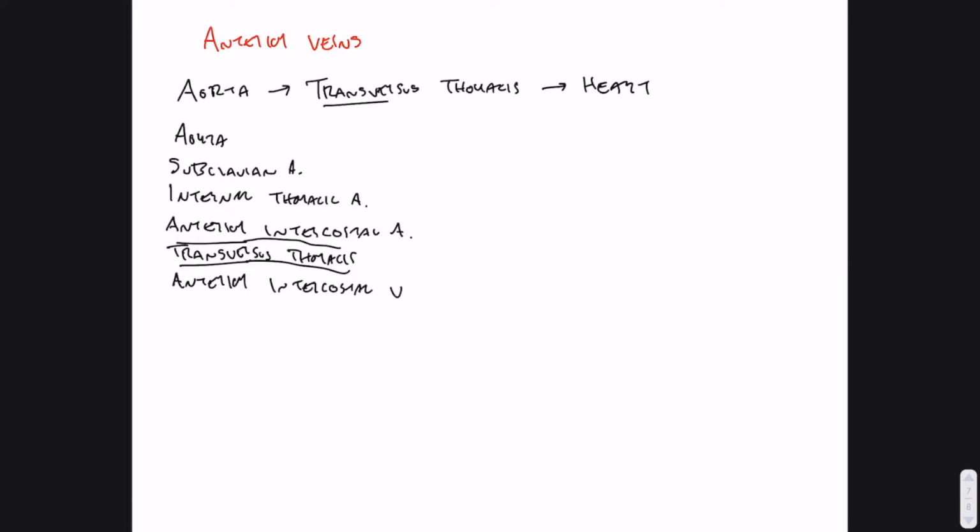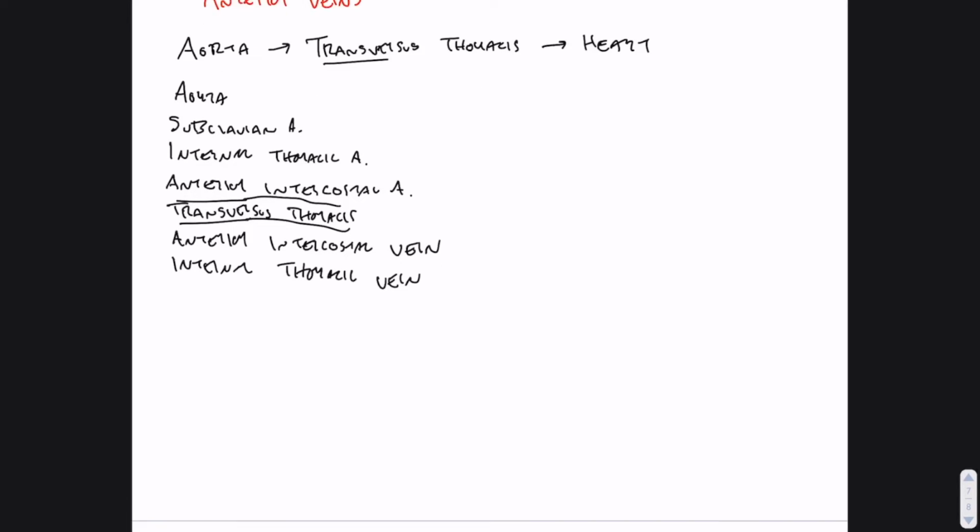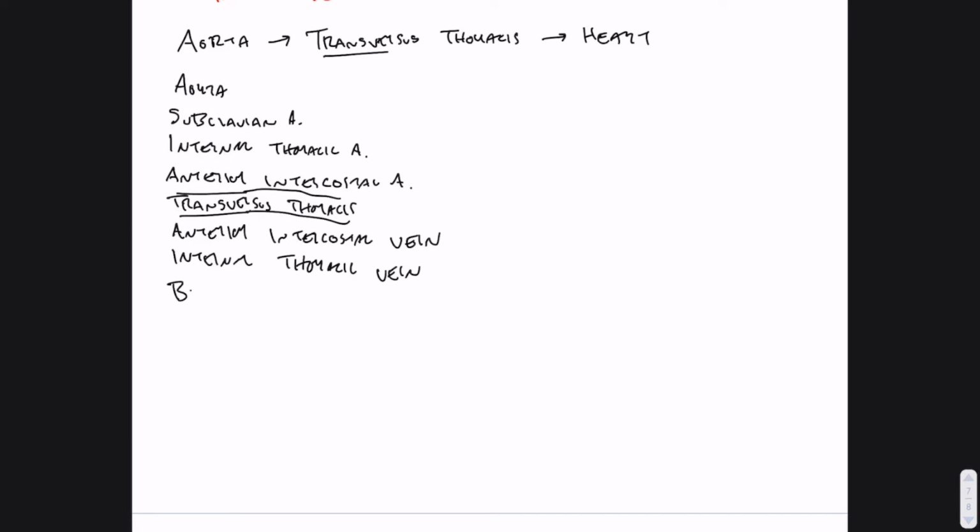So the transversus thoracis, supplied by the anterior intercostal artery, is going to be drained by an anterior intercostal vein. The anterior intercostal vein drains into the internal thoracic vein, which drains into the brachiocephalic vein. And this has to be left or right because there's 2 brachiocephalic veins, whereas there's 1 brachiocephalic artery.